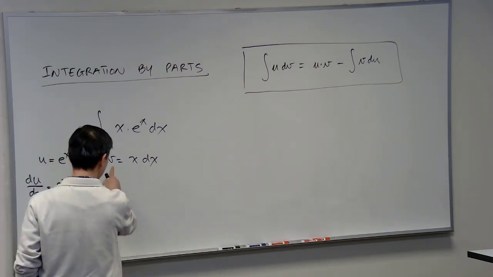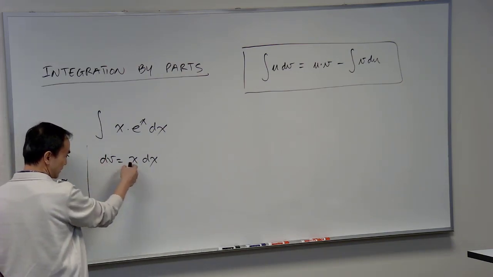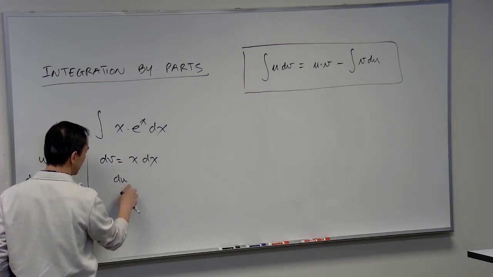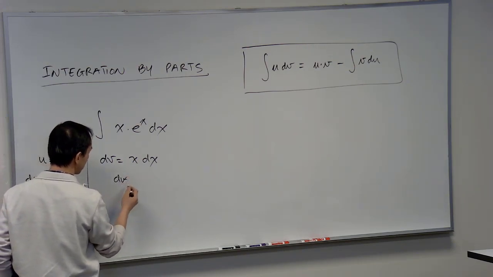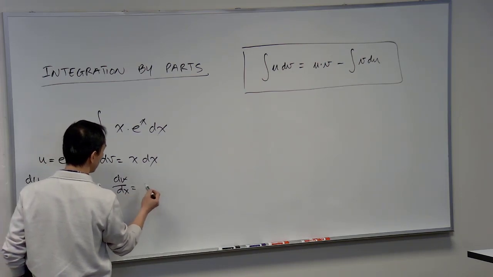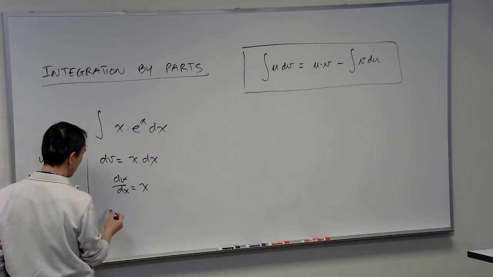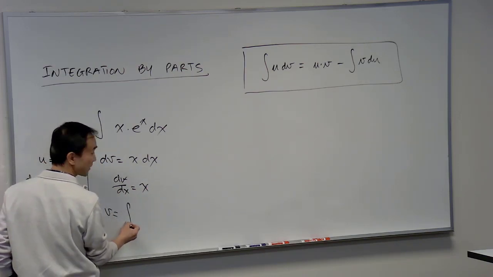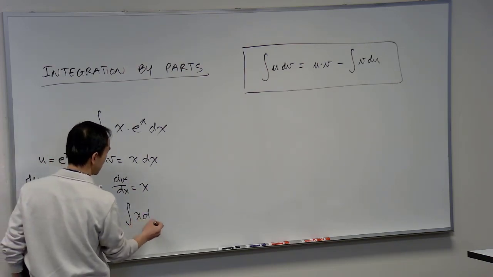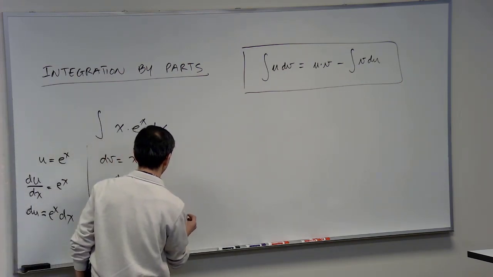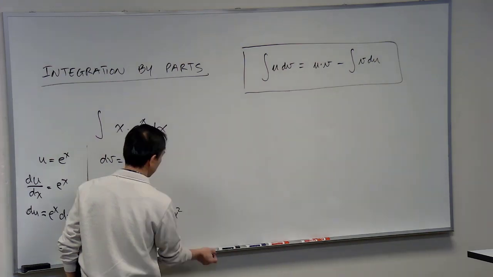And in that way, the dv here is x times dx. You can think of that as dv over dx equals x, which is one derivative. So you can find v here by taking the antiderivative of x, and that comes out with x squared over 2.